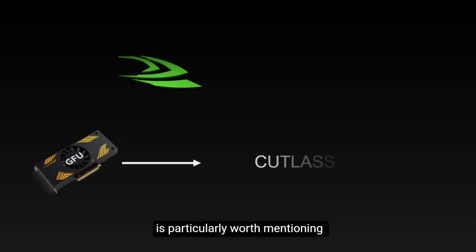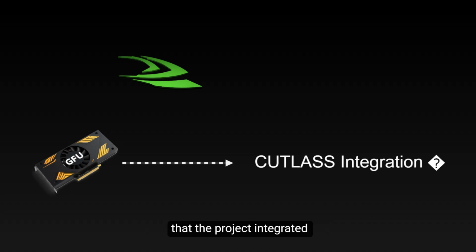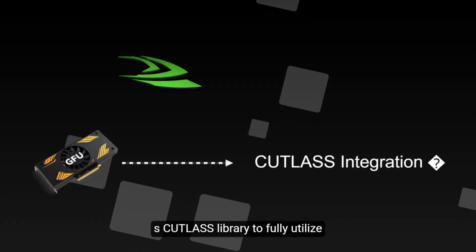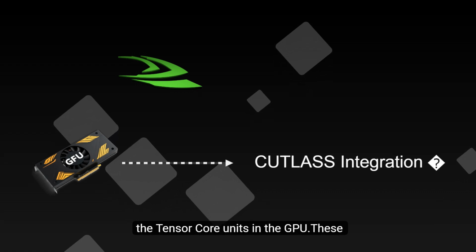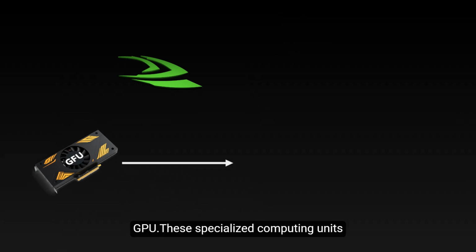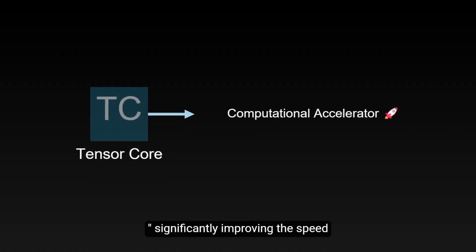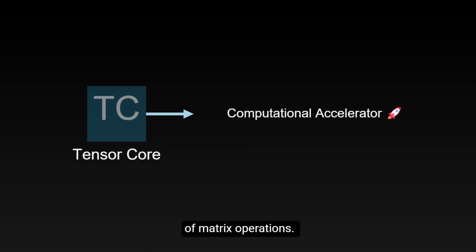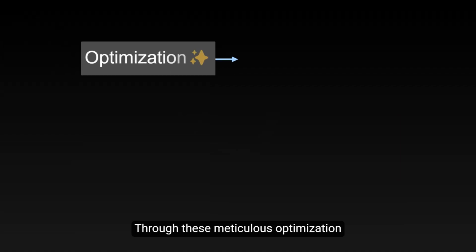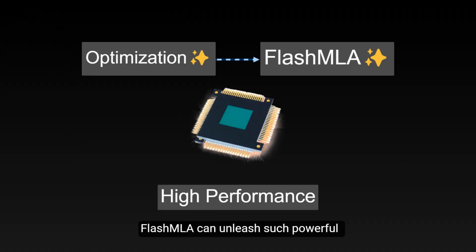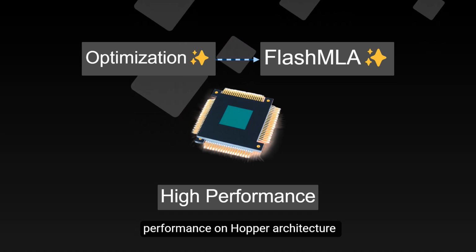It is particularly worth mentioning that the project integrated NVIDIA's Cutlass library to fully utilize the tensor core units in the GPU. These specialized computing units act like computational accelerators, significantly improving the speed of matrix operations. Through these meticulous optimization designs, FlashMLA can unleash such powerful performance on Hopper architecture GPUs.